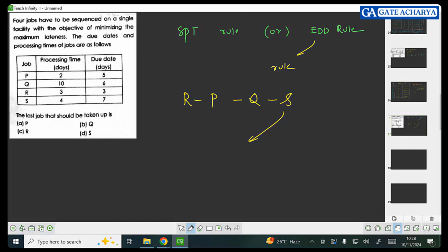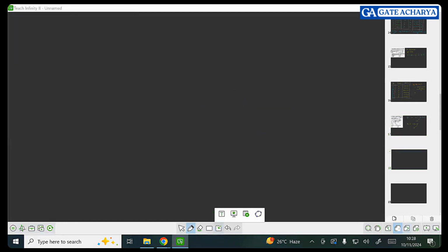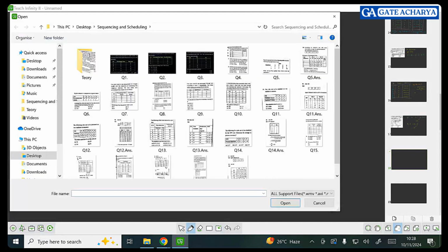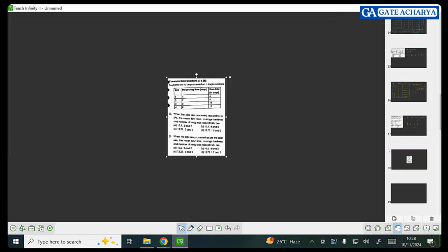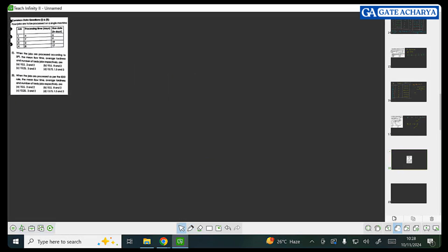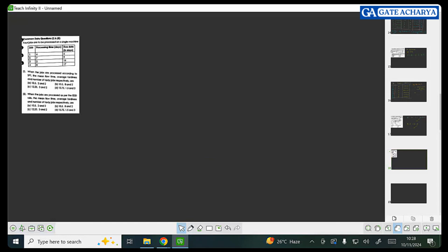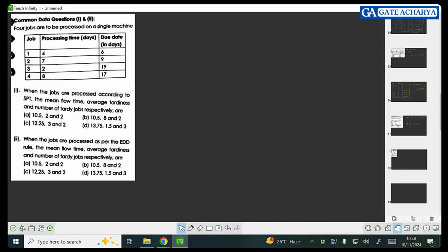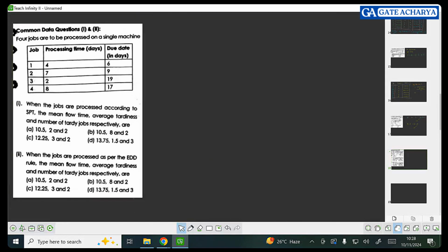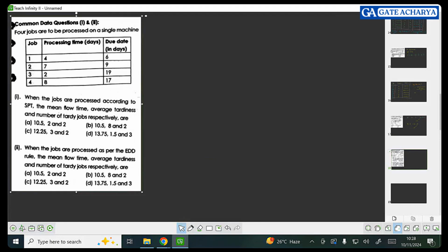Next is another question. After solving EDD and SPT, you will get confidence to go for Johnson's algorithm. All right. Now try to solve this common data question. 4 jobs are processed, with processing time and due date given.